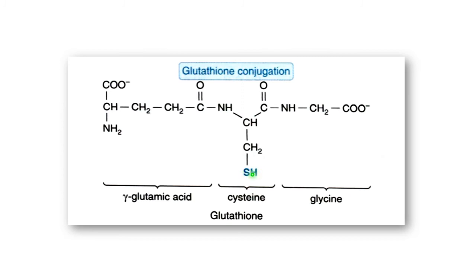That SH form is called reduced glutathione, and that is your protective glutathione. As it bears that proton, that can go around and detoxify other things, or the whole thing could also be conjugated with other substances.